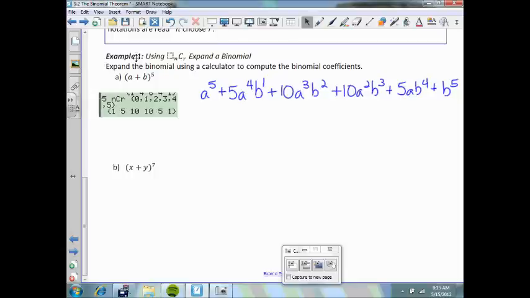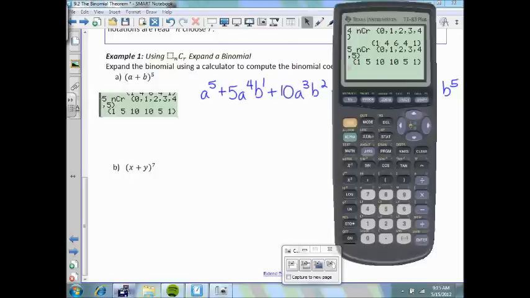And there you have it. Now for the seventh power, what we're going to do is 7 choose r. We'll go 0 all the way through 7. And that's what we'll have there.